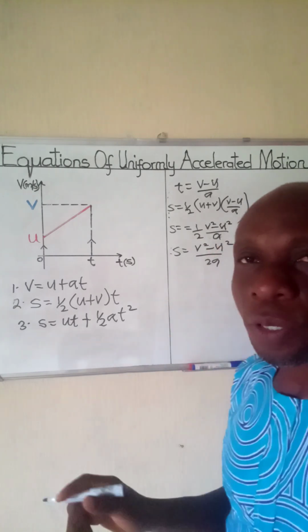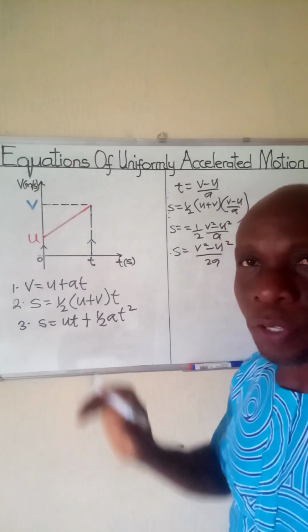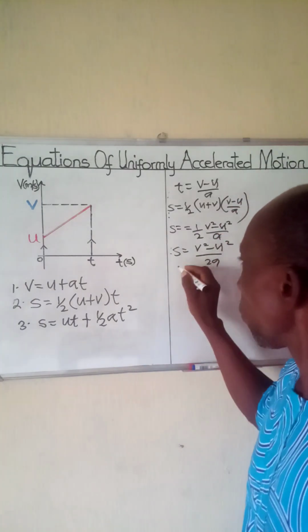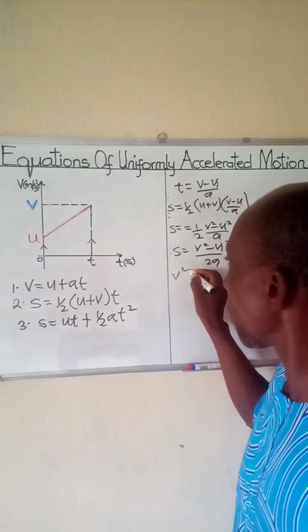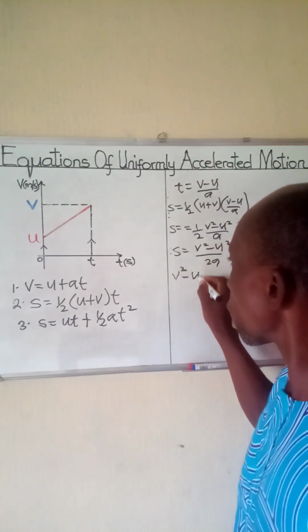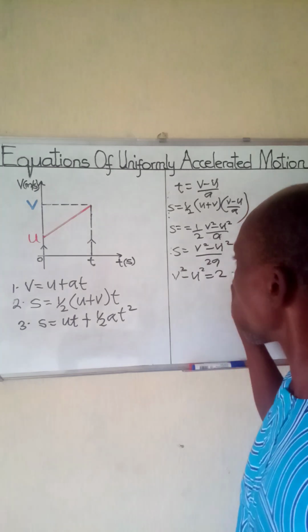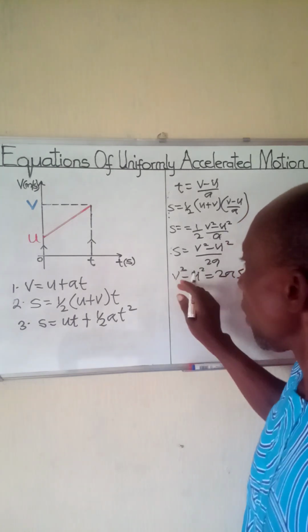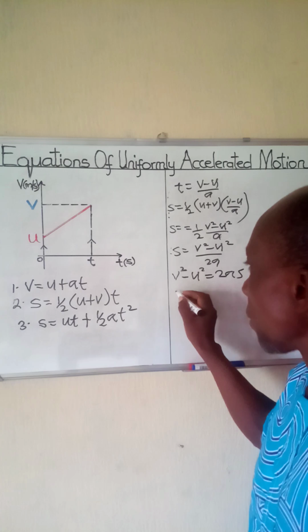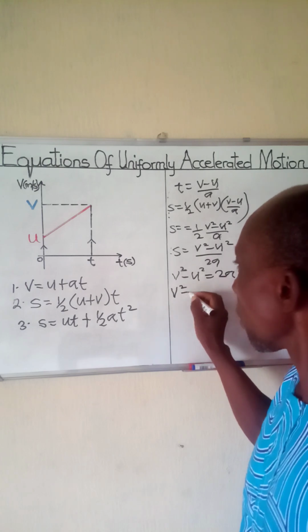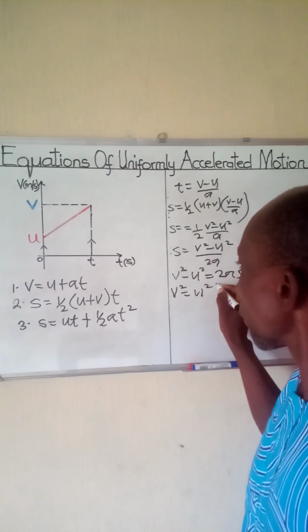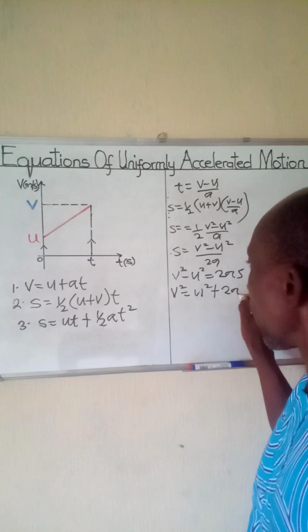So the aim is to make V squared the subject of the formula. When we cross multiply, we'll have that V squared minus U squared equals 2AS. Let's move minus U squared to the right. So we have that V squared equals U squared plus 2AS.